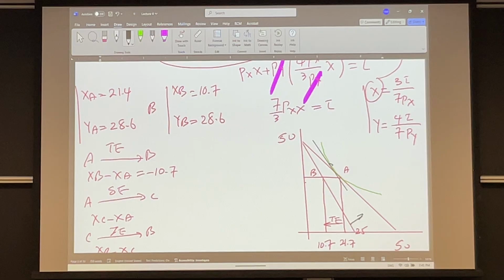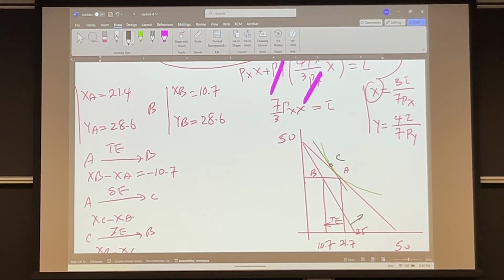Hopefully, yes. Let me see. This is parallel to this. It looks parallel, right? Hopefully it is. But if you have a ruler, make it parallel. That eliminates the income effect. You gave him all the lost purchasing power. He is as happy as before, so there is no income effect left.